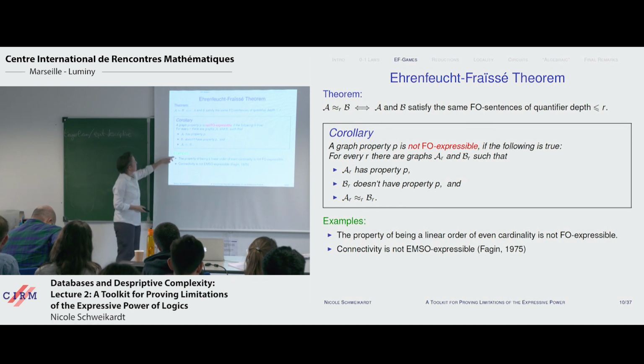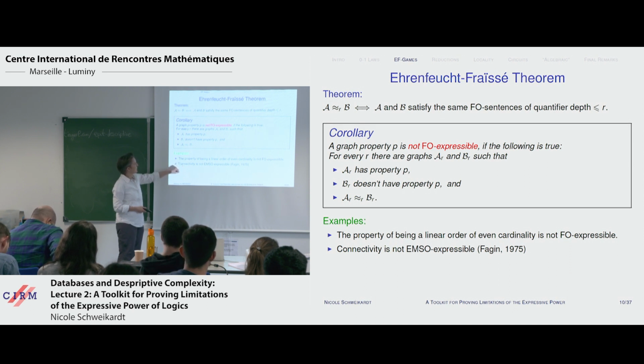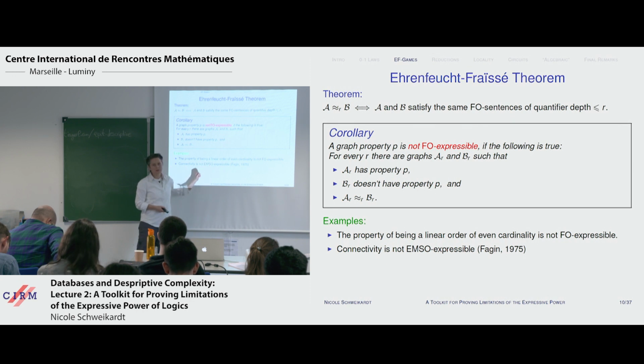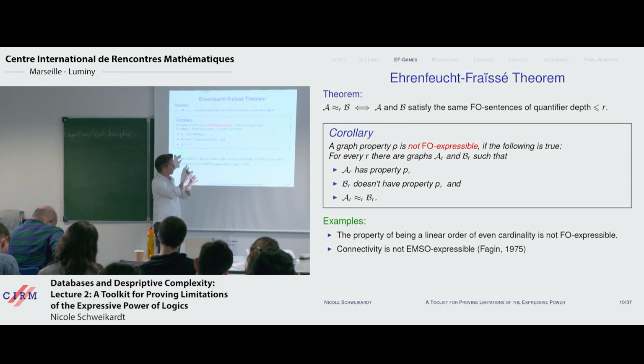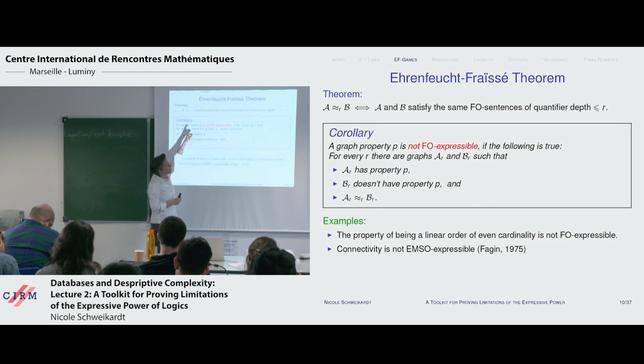Okay, what are further examples where Ehrenfeucht-Fraïssé games are used? So this is an easy exercise. This here is something that's a bit more difficult: that connectivity of graphs is not expressible in existential monadic second order logic. That's a proof where you have to choose graphs in a suitable way and then look at colorings and so on, and in the end you again play an Ehrenfeucht-Fraïssé game in R rounds.